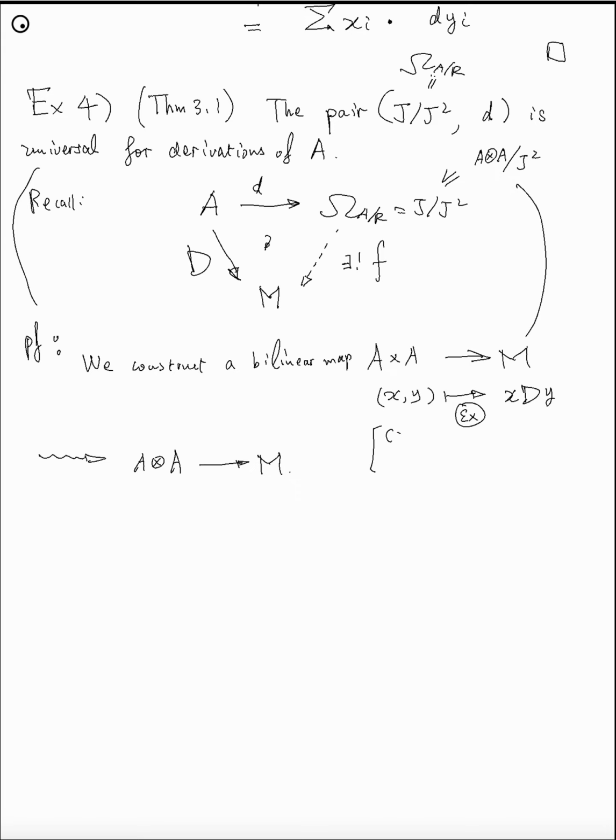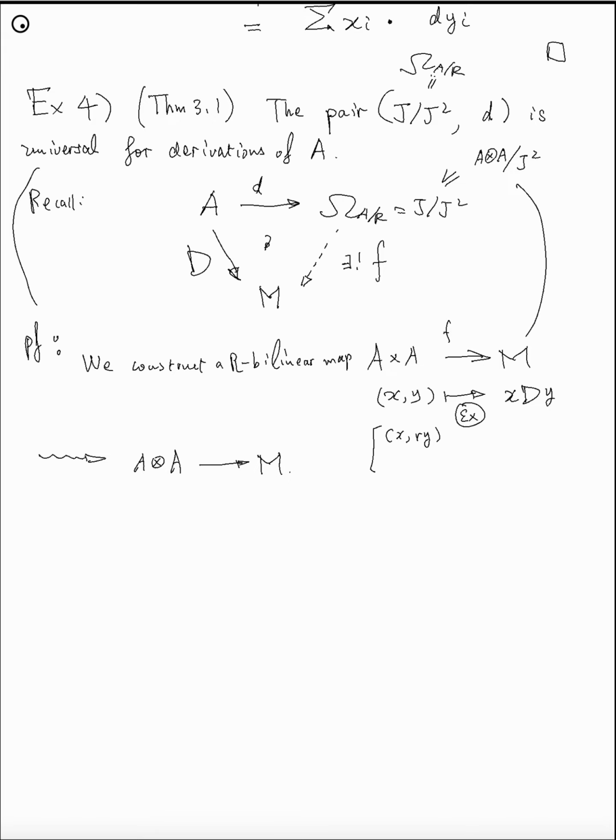The difficult part is, of course, I have to mention this is R-bilinear. Both A's are R-algebras.